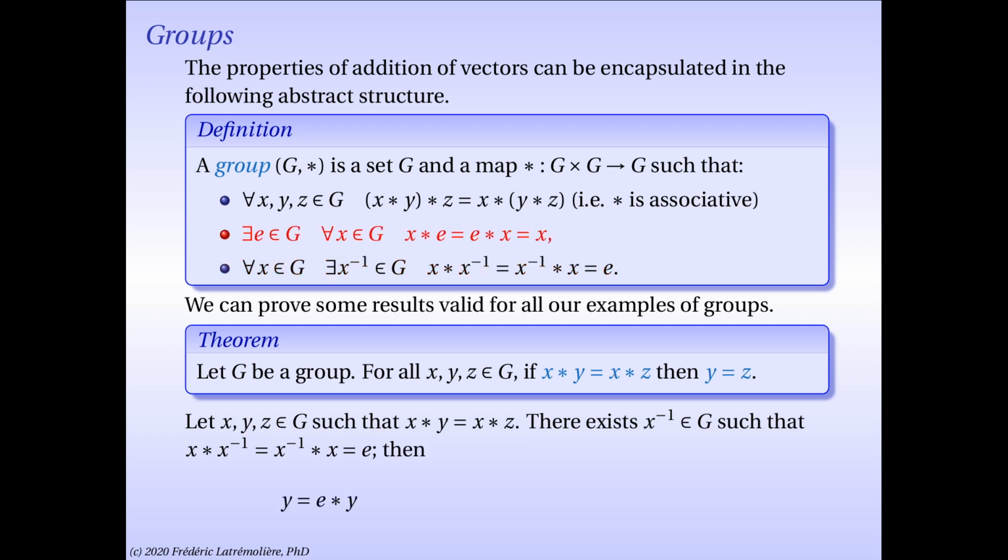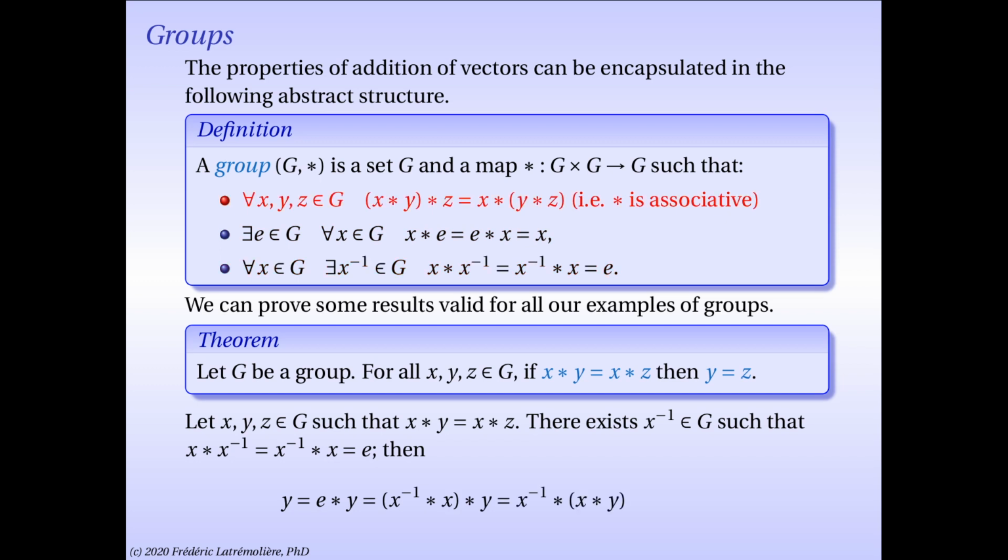Then we are going to prove our theorem with a string of equalities. First, using the now highlighted second property defining a group, there exists a neutral element e, so y equals e star y. Then, using the now highlighted third property, we replace e with x inverse star x.